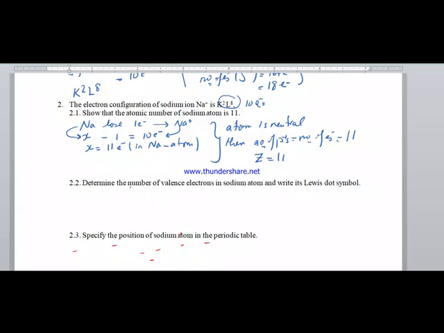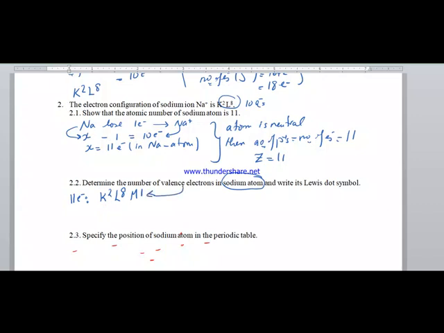Find the number of valence electrons. We write the electron configuration of the sodium atom. Since we have 11 electrons, the electron configuration is K2L8M1.